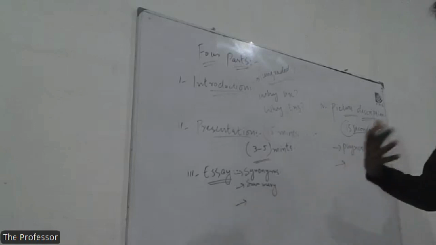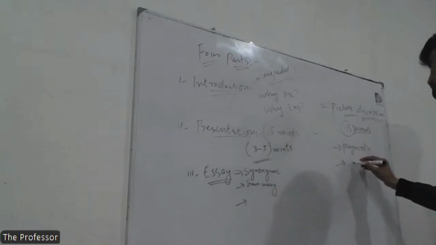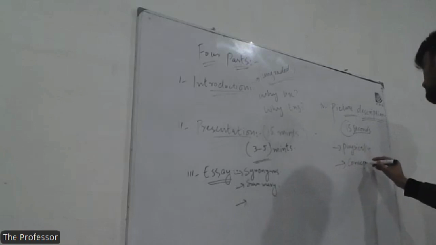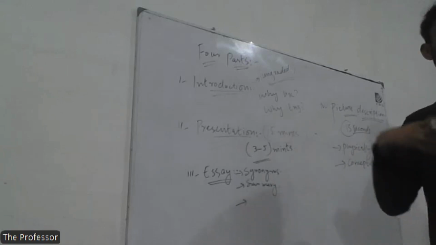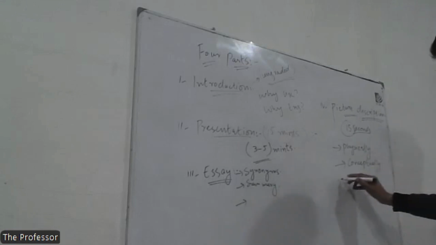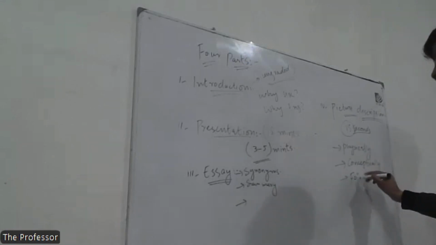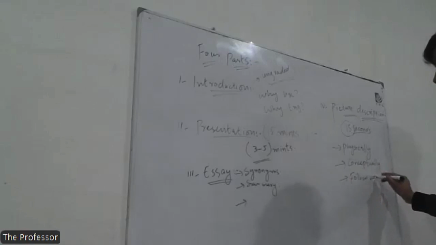Apart from that, you can also explain the picture conceptually: what is the central theme, idea, or message. You can elaborate on that too. At the end, they ask you some follow-up questions. Understand? If you have any problem, you can ask.